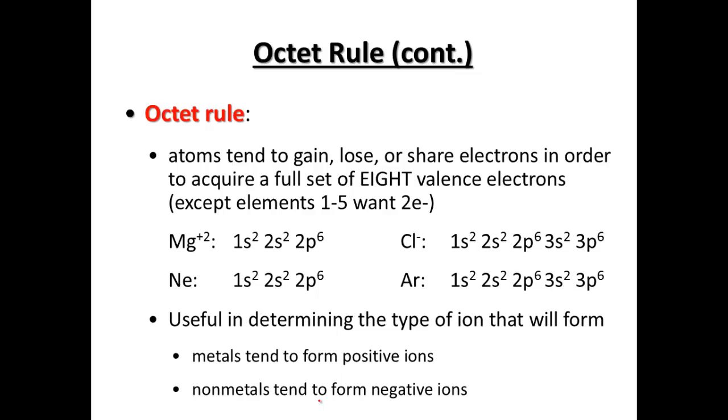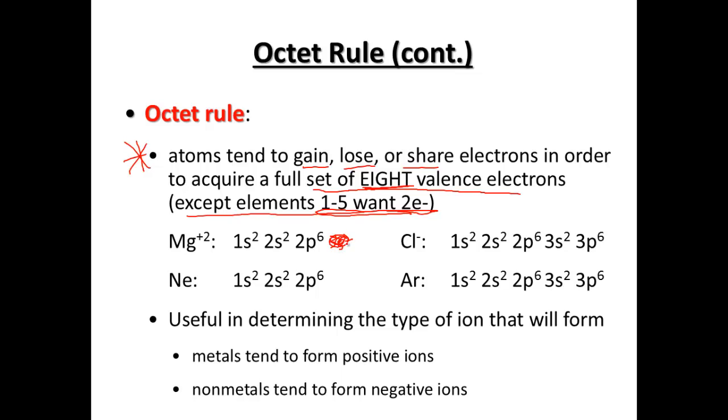So the octet rule: atoms tend to gain, lose, or share electrons in order to acquire a full outer set of 8 valence electrons, except elements 1 through 5 only want 2 outer electrons. So 8 is the key idea. They want to get to 8 valence electrons either by gaining, losing, or sharing. Magnesium starts out with 3s2.